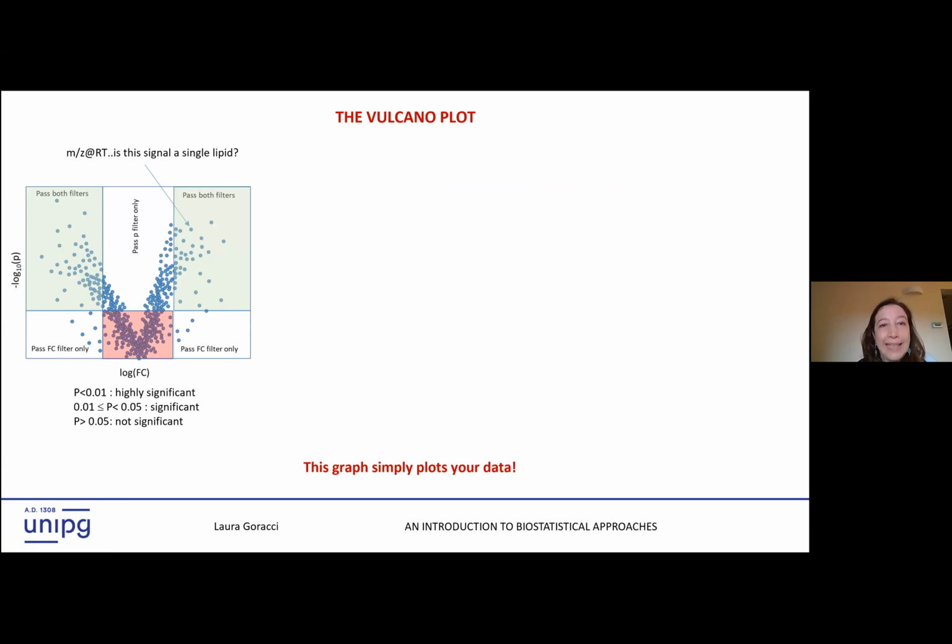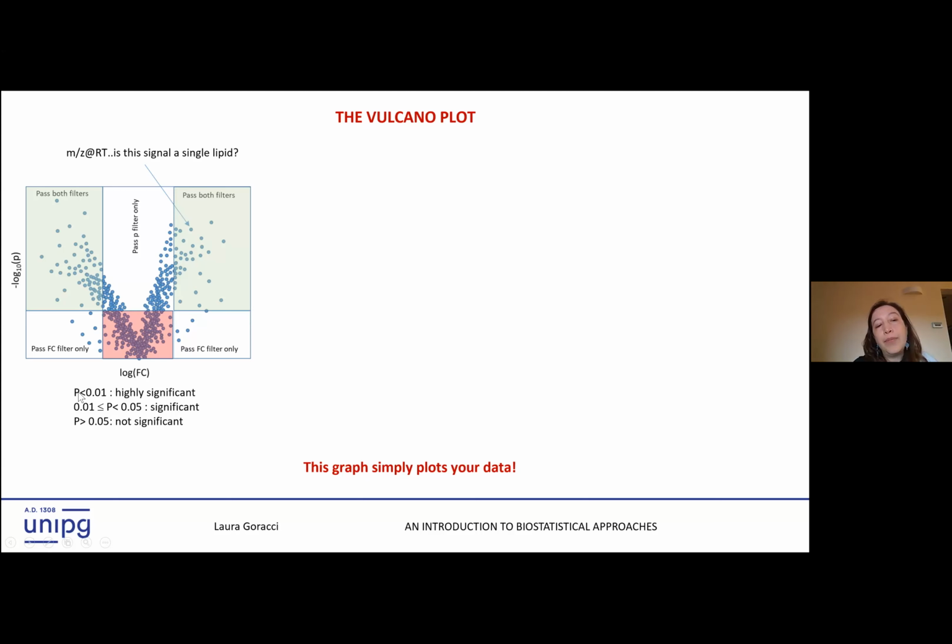Going to the visualization of this data, that is my aim today. Like Valerie was mentioning on the first day, volcano plots are pretty widely used. Basically they combine the information coming from the statistical significance in terms of p-value and the fold change variation.